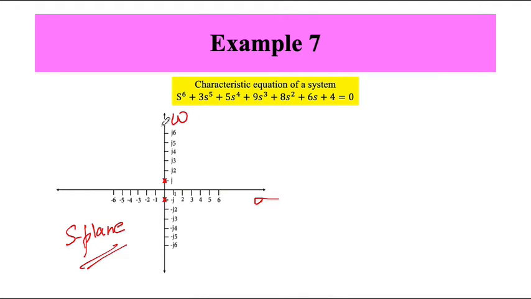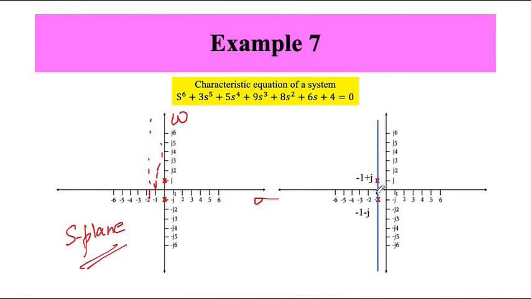So we will shift our axis to minus 1 over here. There are two roots at minus 1, that is, this is plus j, this is minus j. This is for Sn, because we have shifted our axis now. Okay, so these are my two roots.